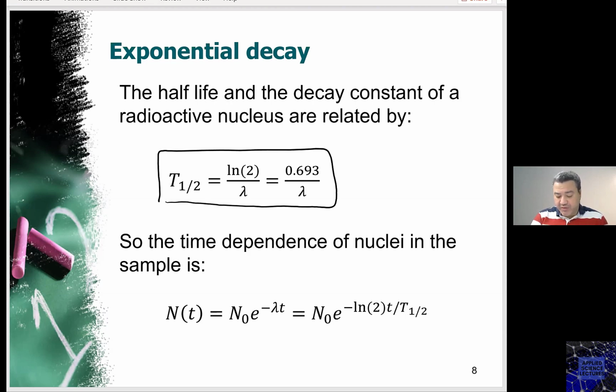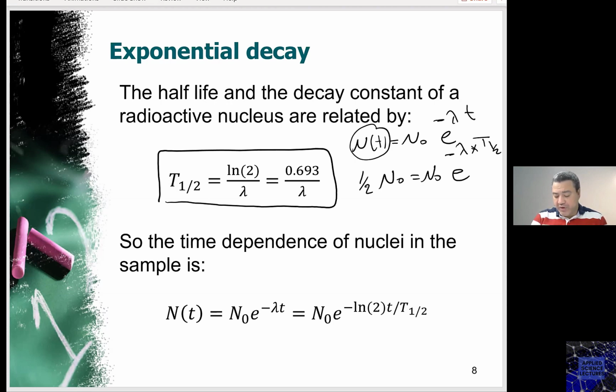We develop this expression by taking N(t) equals N naught e to the power minus lambda t. Then if you substitute N(t) with half N naught, you get half N naught equals N naught e to the power minus lambda t, and this time would be t half. Solving for t half, N naught cancels.